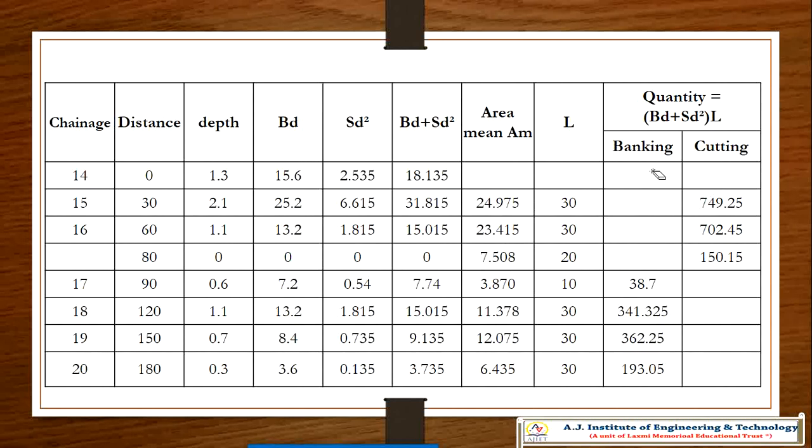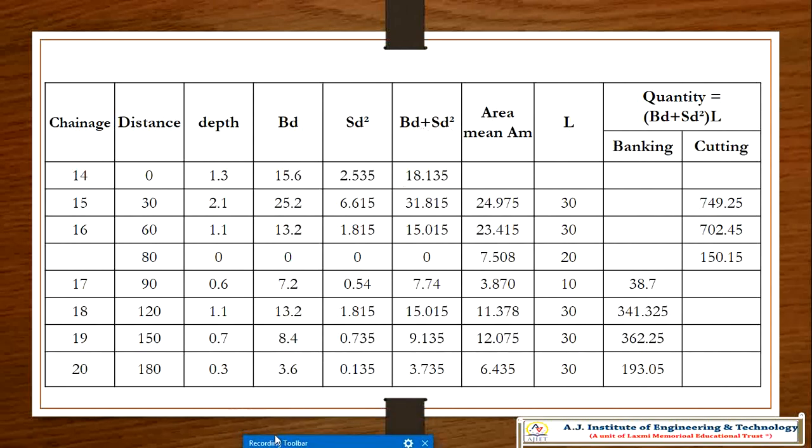So that mean will be this, and we will get the entire clear quantity and cutting. So this will change: instead of DM, we are changing to AM. So that's all. I hope you got it.